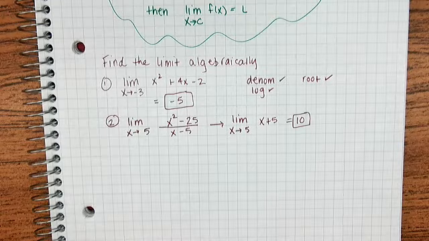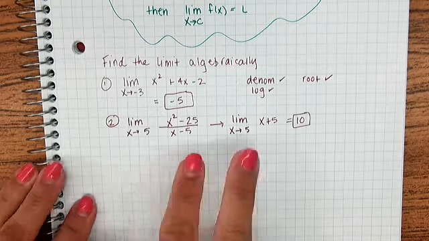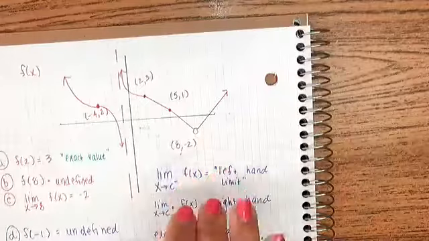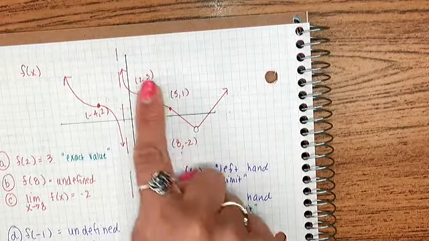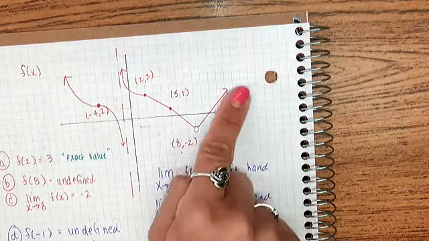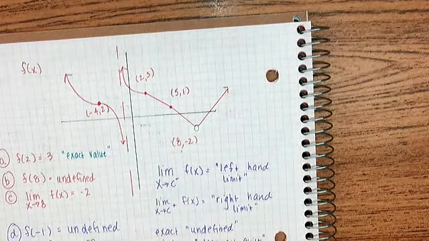Notice that the exact value is undefined, but the limit exists. Exact value is undefined, but you can still approach the hole. It's exactly what you just did.